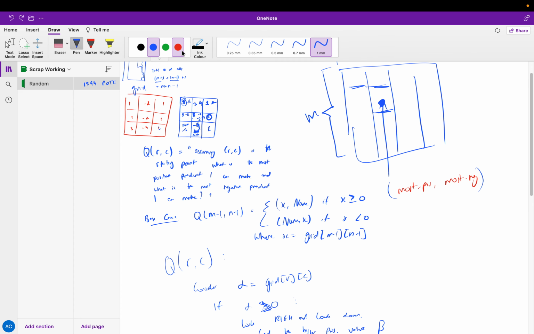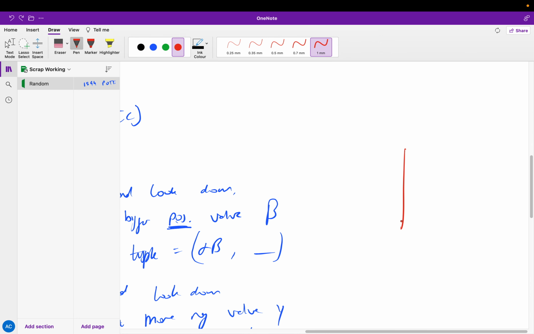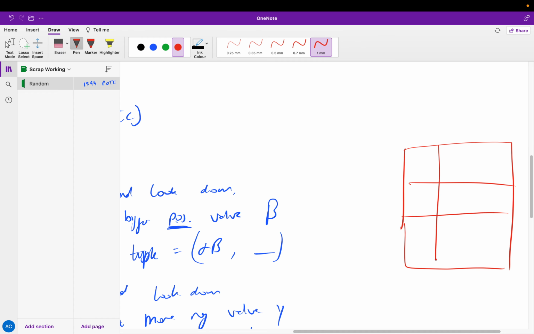So if I had a 0, I gotta do a fresh example. Let's say I had a 2 here, and a 3 here, a -1 here, and a 0 here, maybe a 0 here as well. 2, 1, -2, maybe I'll say -1, 1.